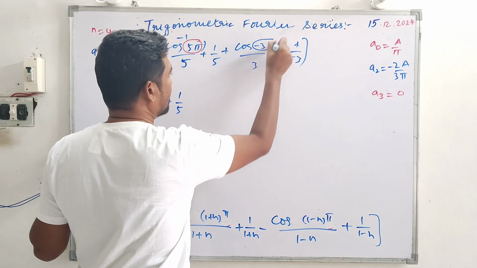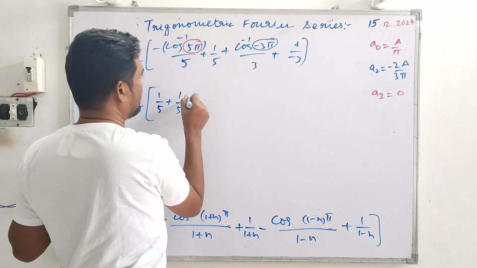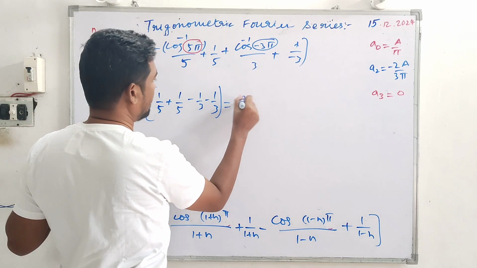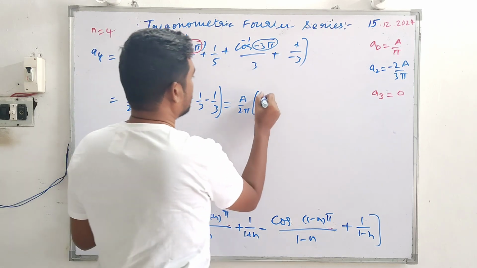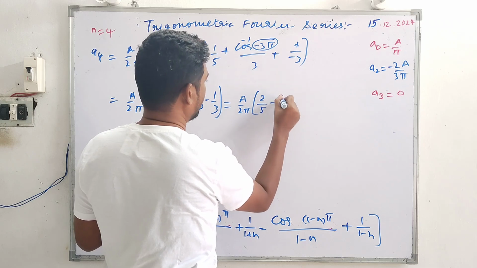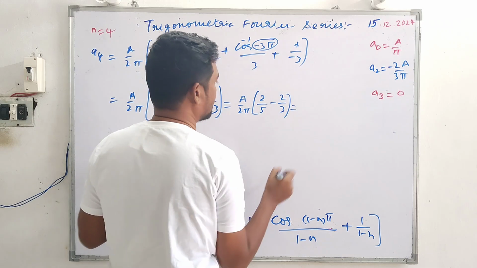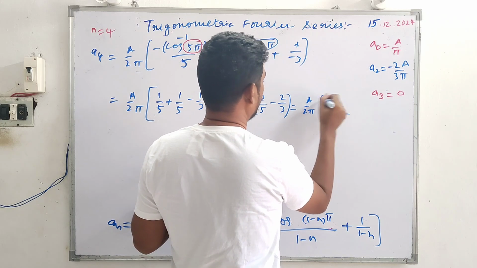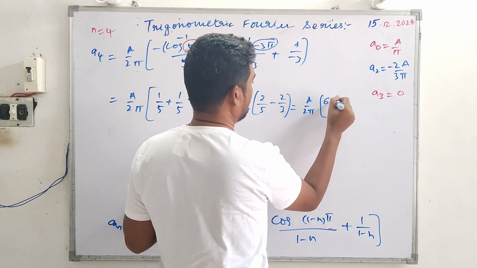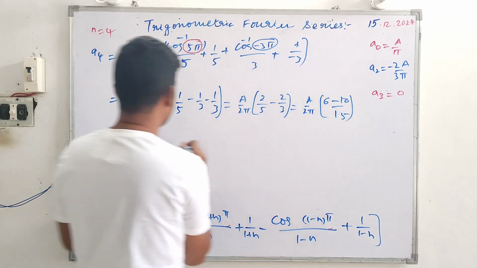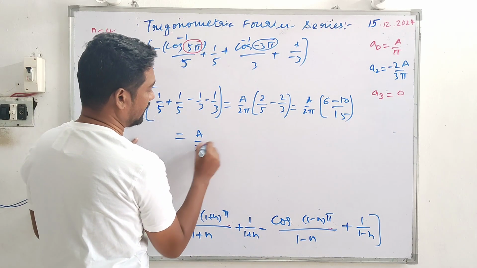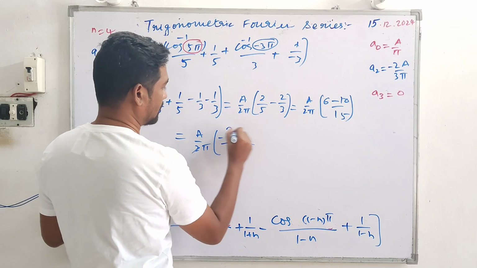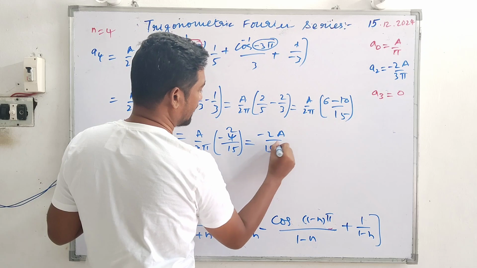This is an odd pi, that gives us minus 1 over here, so minus 1 by 3, and from here it's a minus 1 by 3, which is a by 2 pi, twice of 1 by 5 minus twice of 1 by 3, which gives a by 2 pi, no change in that one. 5 3s are 15, 3 2s are 6, minus 5 2s are 10, which gives a by 2 pi, and here we have minus 4 by 15, which is minus 2a by 15 pi.